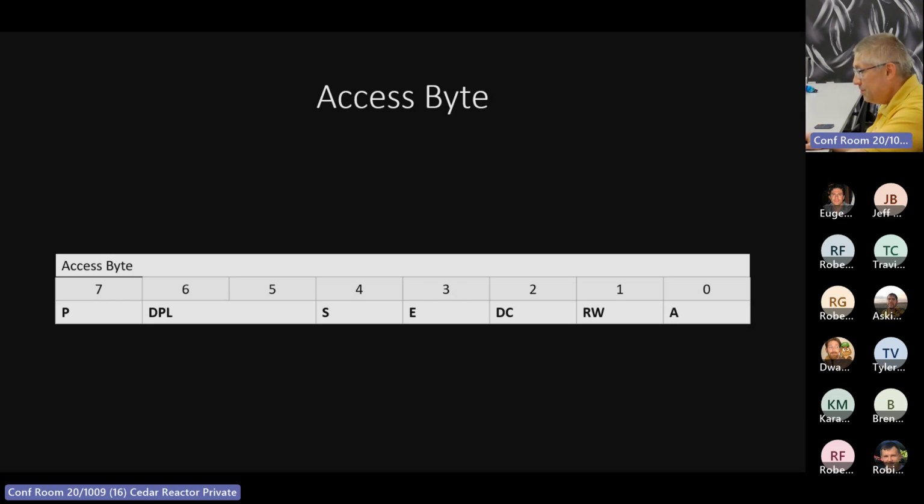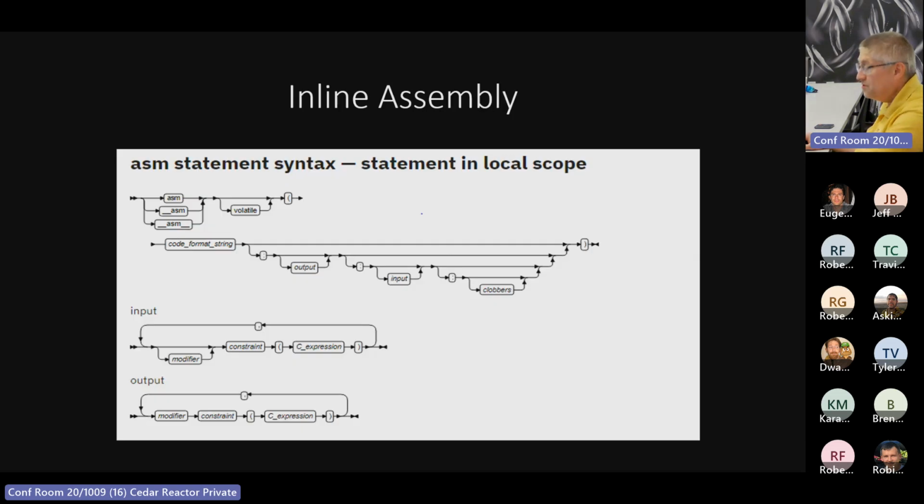But in bits 5 and 6, we have what we call the descriptor privilege level. And that is what is used to define which type of software is able to run. So if you're working with the OS, then you want to work with the DPL of 0.